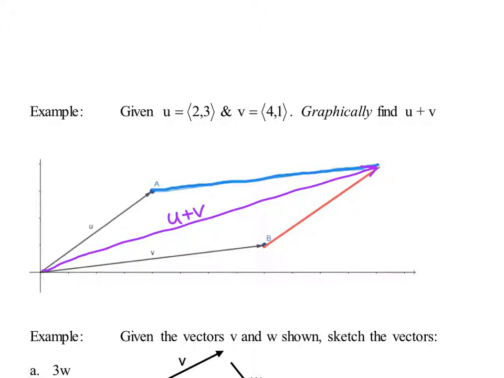Now, if I need the actual component form of that vector, I need this coordinate over here. All right, well, let's wrangle out that information. So drop an altitude here.